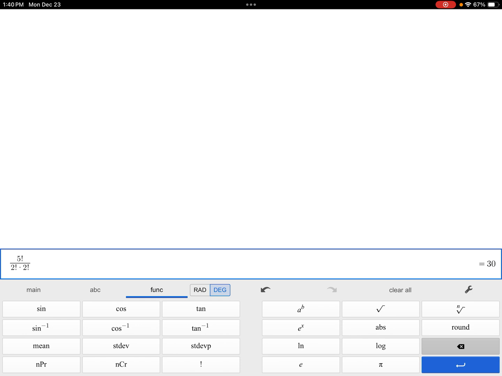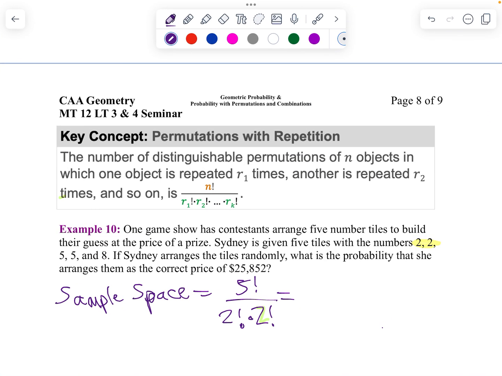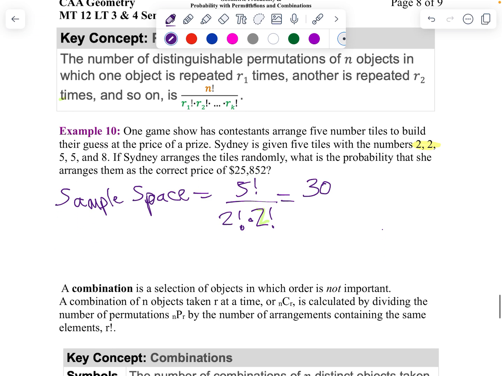And we get 30 different ways. So because of the repeating part, there's only 30 different ways that Sydney could put these in different orders.